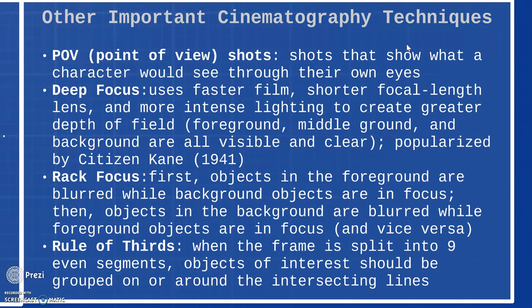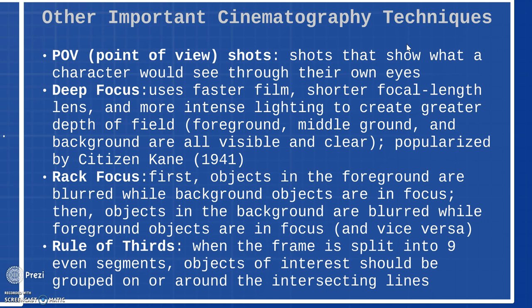So in deep focus, the cinematographer uses a faster film stock, shorter focal length lens, and really intense lighting to create a depth of field, right? And you'll remember that this is where you can visibly and clearly see a foreground, a middle ground, and a background. And all of those three planes within the screen create an illusion of depth. That's why it's called deep focus.